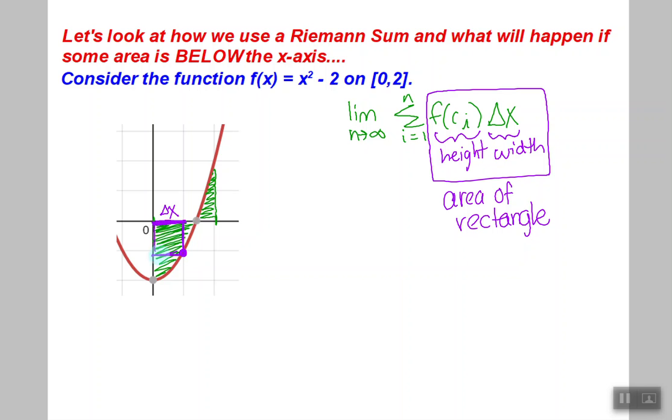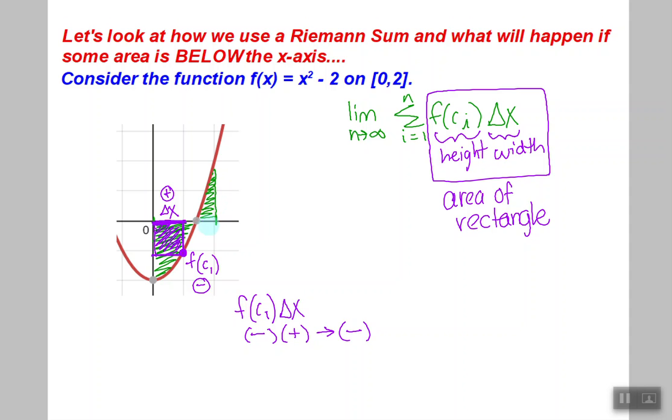And I go across, and there's my rectangle to estimate that area. Well, this function value right down here, which we're calling f of c sub 1, since that's our first function value, goes down to a negative function value. So our delta x is a positive amount, our function value is a negative amount, so when we do f of c sub i, or c sub 1 in this case, times delta x, we're getting a negative times a positive, which leads to a negative value.